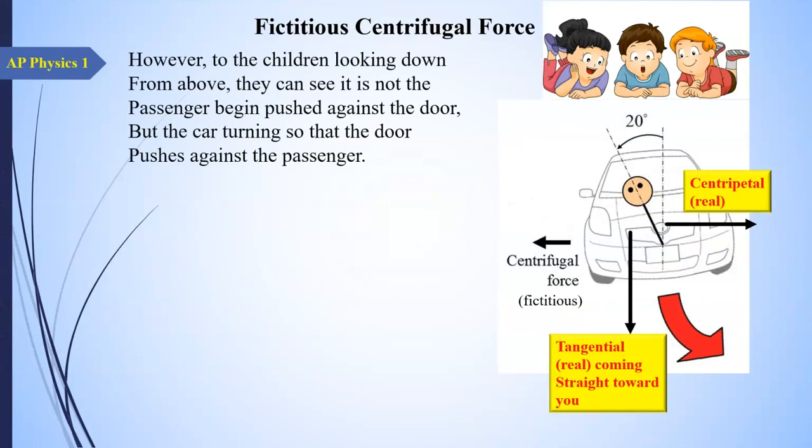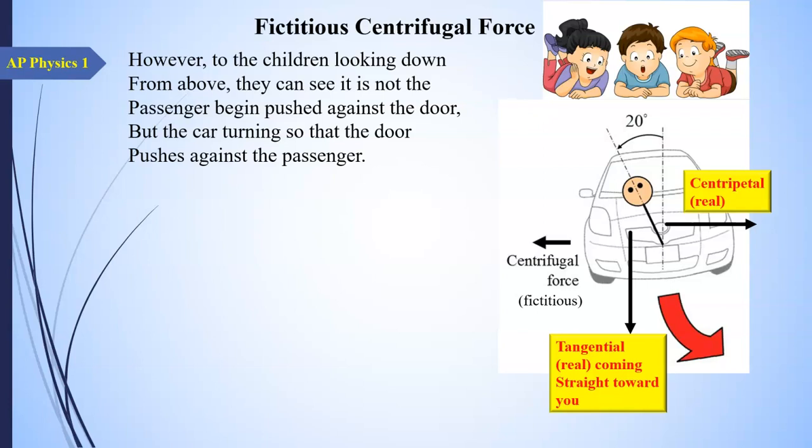However, to the children looking down from above, they're not in the car or on the car. They can see it as not the passenger being pushed against the door, but the car turning so that the door pushes against the passenger. Okay, so that's what's really happening. That's the true force, it's the centripetal force along with the passenger's inertia taking them forward. That's what they're really feeling.